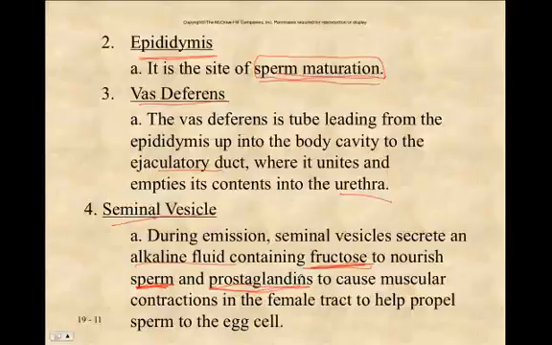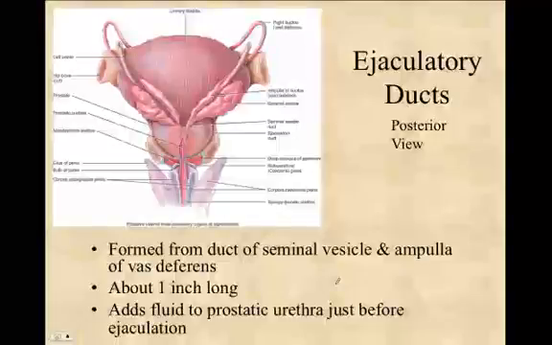I always think it's interesting that there's this substance in semen, produced by the seminal vesicles, that is designed to cause the female reproductive tract to contract to propel that sperm closer to the egg. Kind of cool.